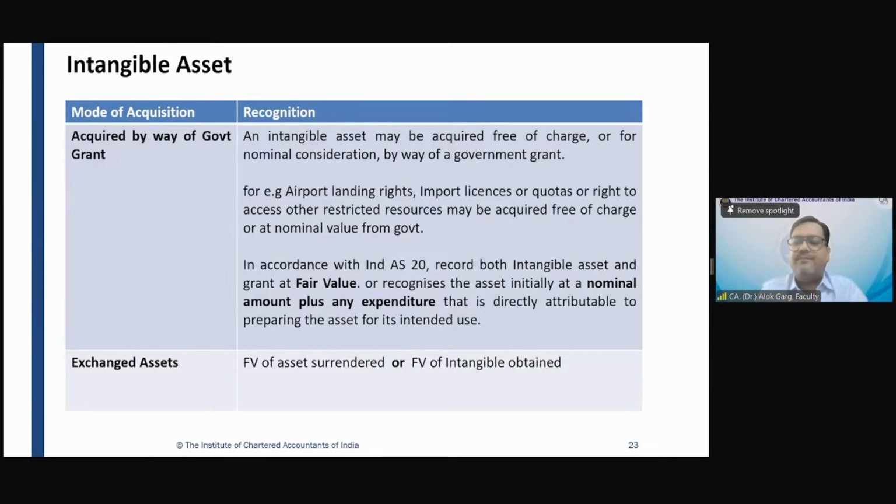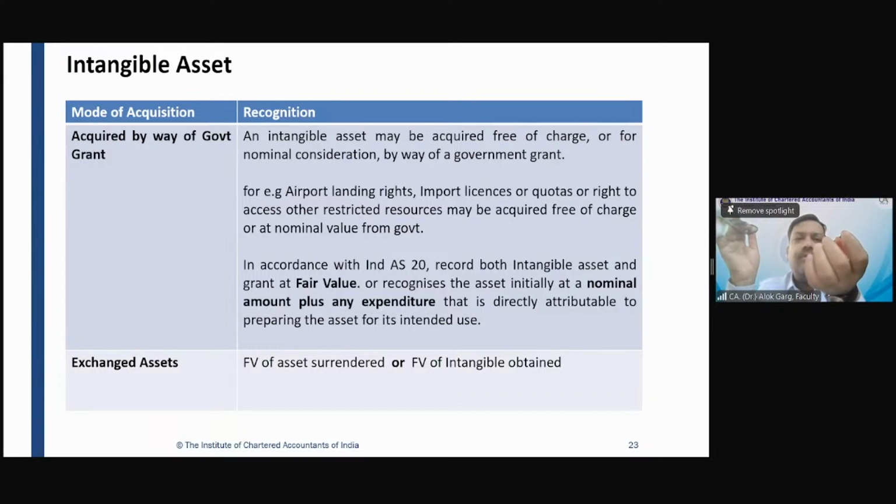Option number 2, record the asset acquired at nominal amount plus expenditure incurred. So the government has given the license free of cost and the entity has not paid any amount of money. So at what value is this license going to be measured?